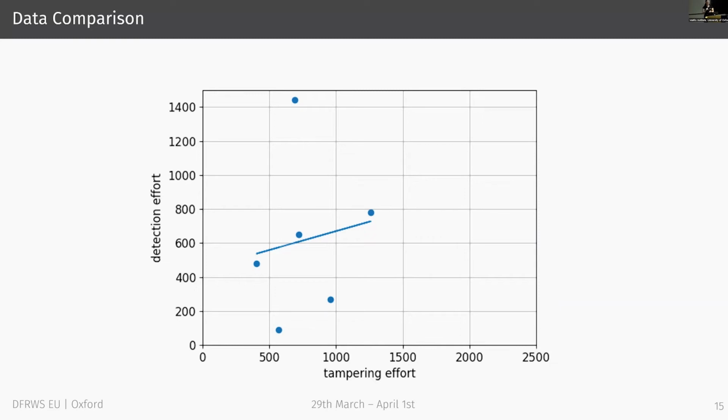The x-axis shows you the tampering effort, the y-axis the detection effort. The blue points are the forgeries. Blue means that they were correctly classified as forgeries. If they are red, then they are incorrectly classified as originals. And the regression line gives you an idea of the trend which we can see in the data.